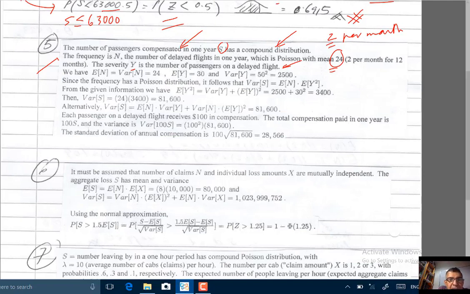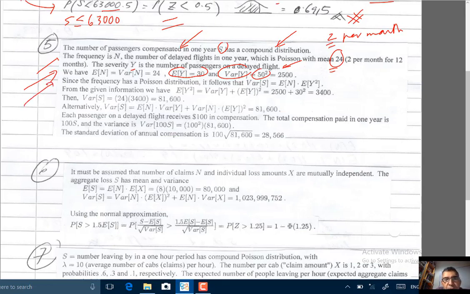They gave me the expected value of Y is 30 and the standard deviation of Y is 50, so the variance of Y is 50 squared. The expected value of N, because we are dealing with 1 year, is 24. Variance of N is the same, 24, because it's Poisson.